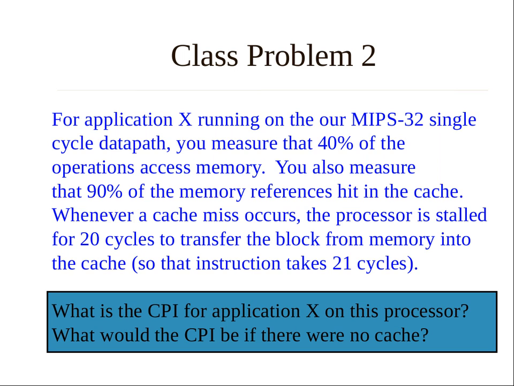So what percentage takes 2 cycles? Uh, 0.4 times 0.1. That's 0.9. 90% of the main memory references hit the cache, so it's 90% of 40%.